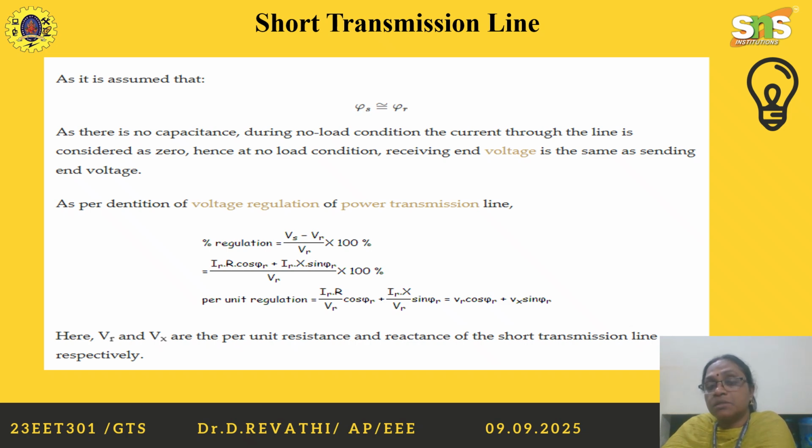Based on this, Is is equal to IR, and Vs is equal to Vr plus IR R plus IR jX. For these equations we drew the vector diagram, and we discussed how to calculate the voltage regulation and the efficiency. All those things we have discussed in this class.